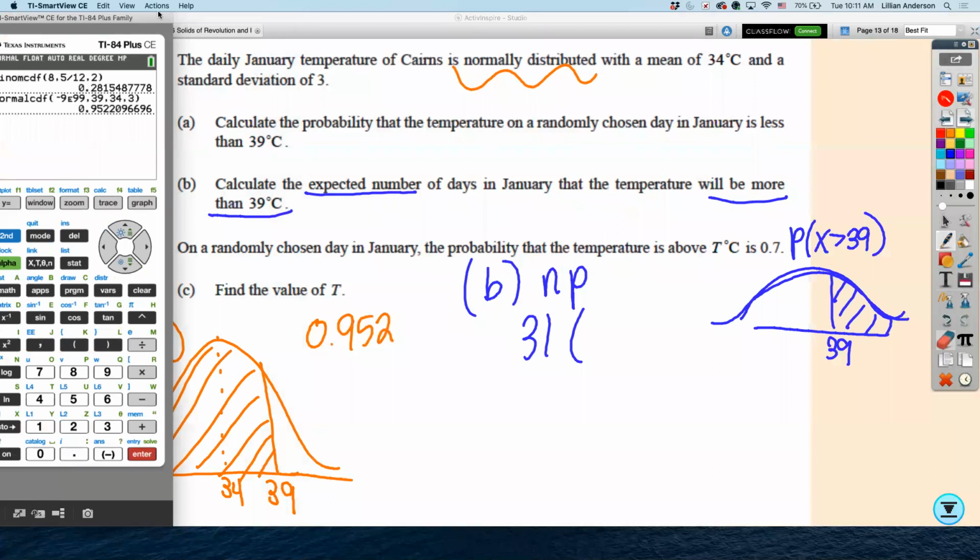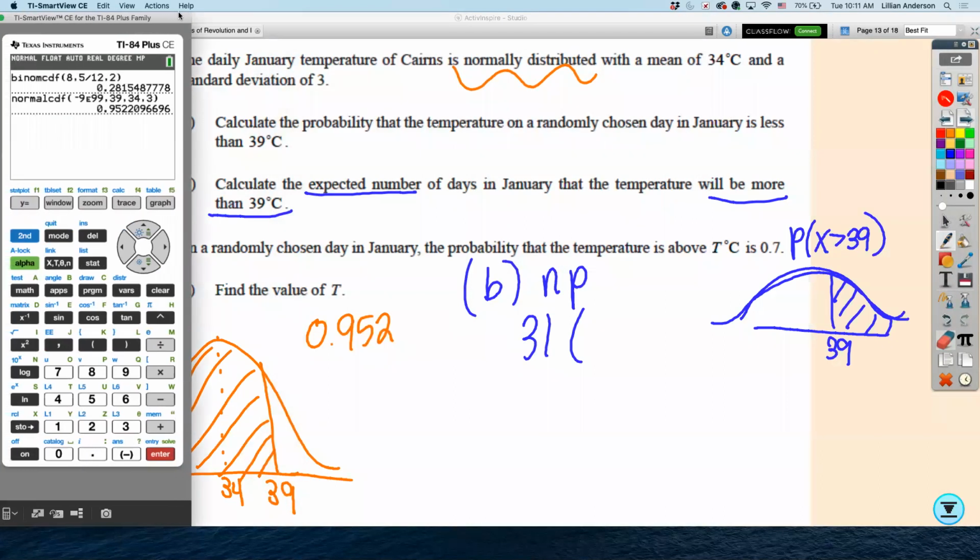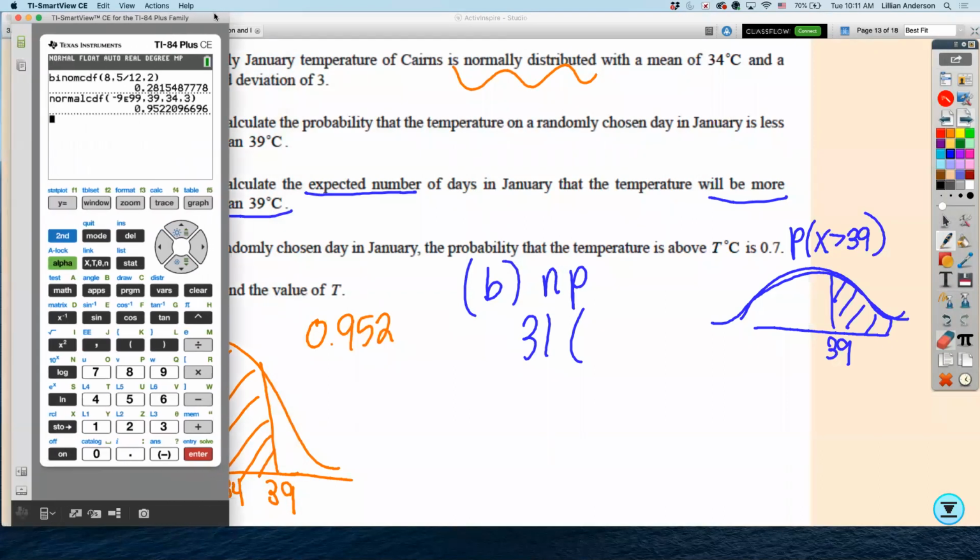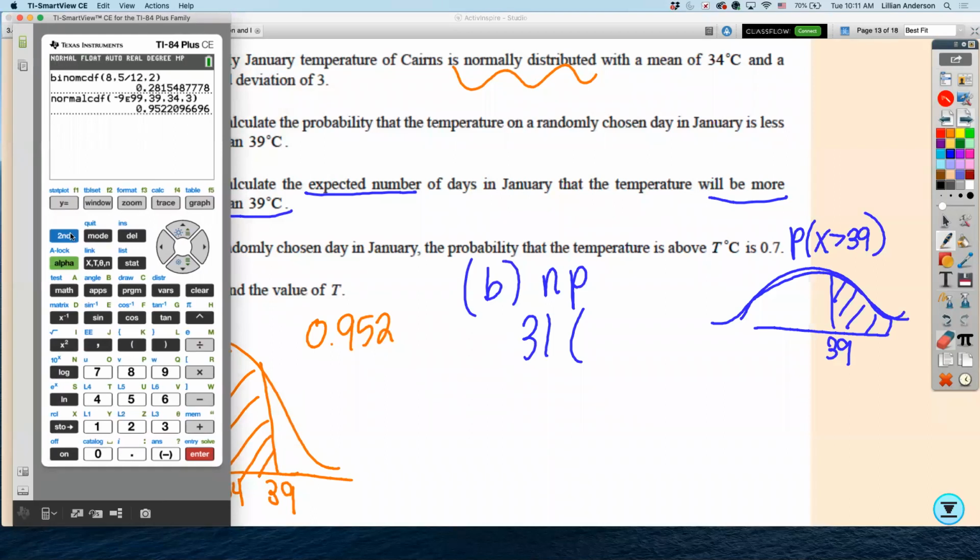You do the same thing we did. You just change your numbers. Your lower bound would be 39 this time, and your upper bound would be 9, the comma with the 99, and everything else should be the same.